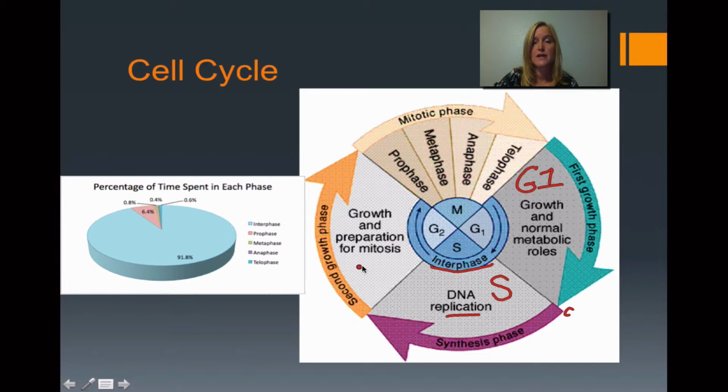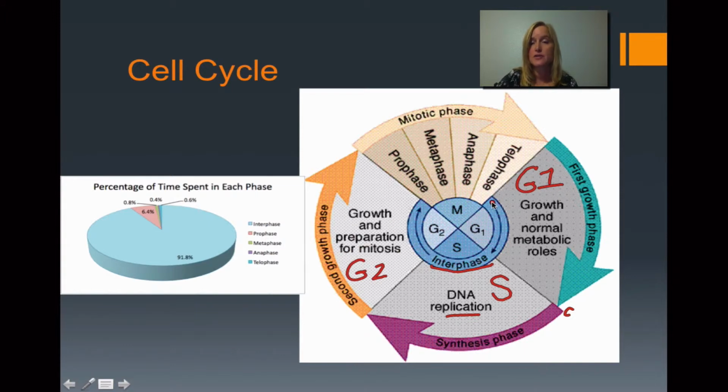Then we have what we call a G2 phase. So this is a second growth phase. It's almost like the cell is resting, getting ready to go into mitosis. And so in this phase, there's still some growth, there's some metabolic activity going on here.